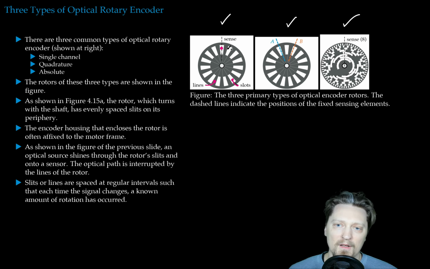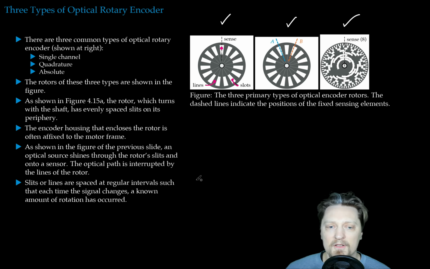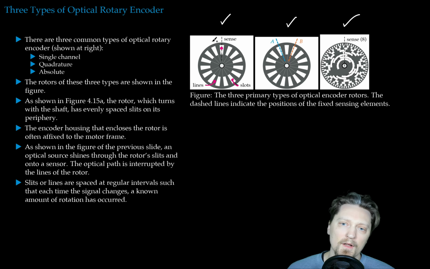So this would be the location of a light source on one side and the sensor on the other side. Slits or lines are spaced at regular intervals such that each time the signal changes, a known amount of rotation has occurred. So we know how many degrees we've rotated when we see one blip of light and then a blank spot and then another blip.